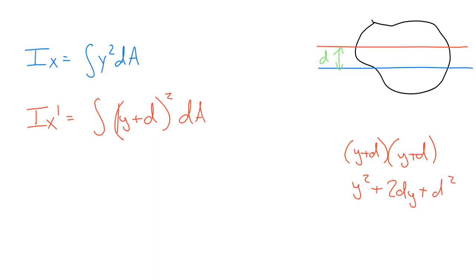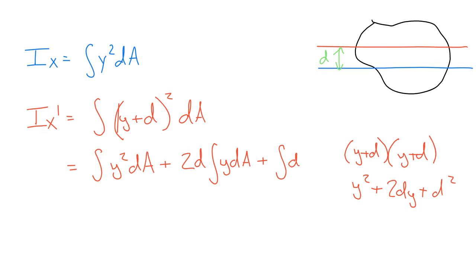So if I were to expand this, I might have the integral of y squared dA plus 2d times the integral of y dA plus the integral of d squared dA.